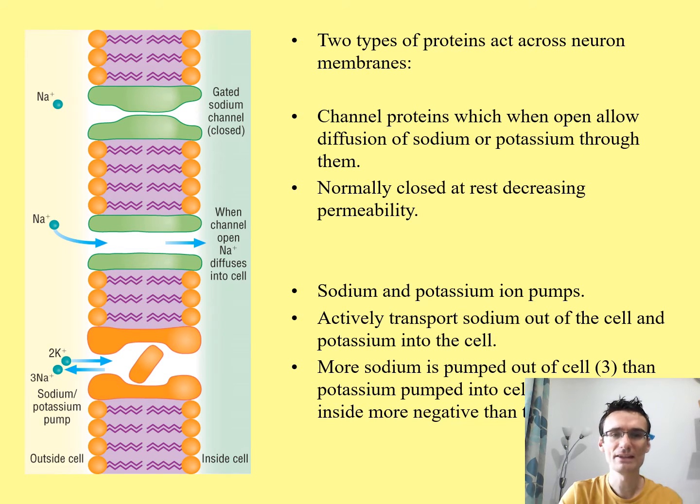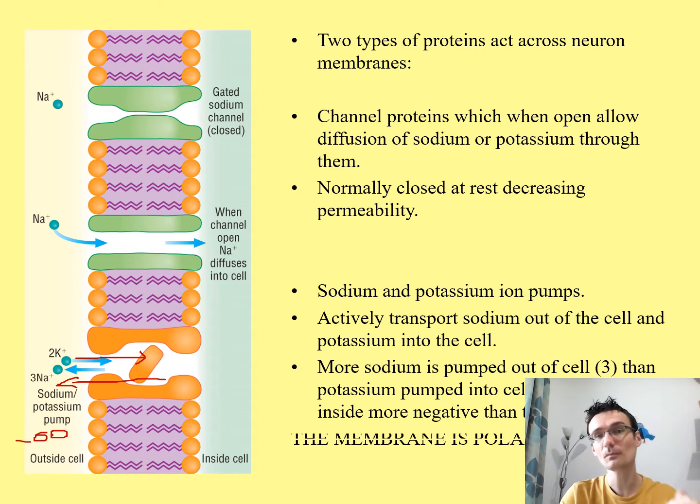So 2 potassiums go in, 3 sodiums leave, and that gives the inside a slightly negative charge of minus 60 millivolts, and that then is a resting potential. So that's what happens when the neuron isn't being fired.